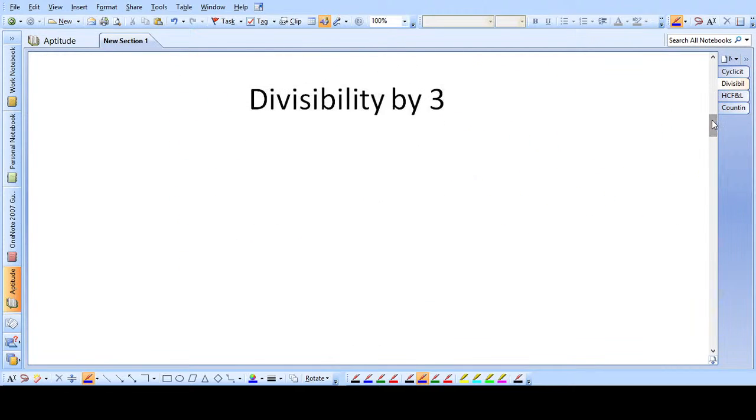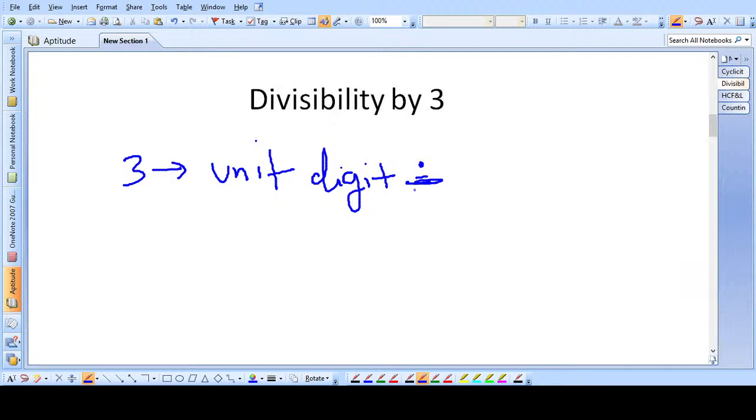So what is the condition for 3? Similarly, for a number to be divisible by 3, the unit digit, the last digit of that number should be divisible by 3, okay. Sorry, I messed up, just a mistake.